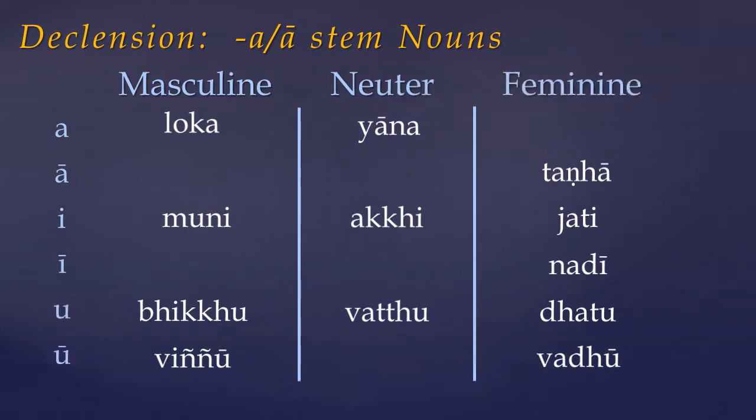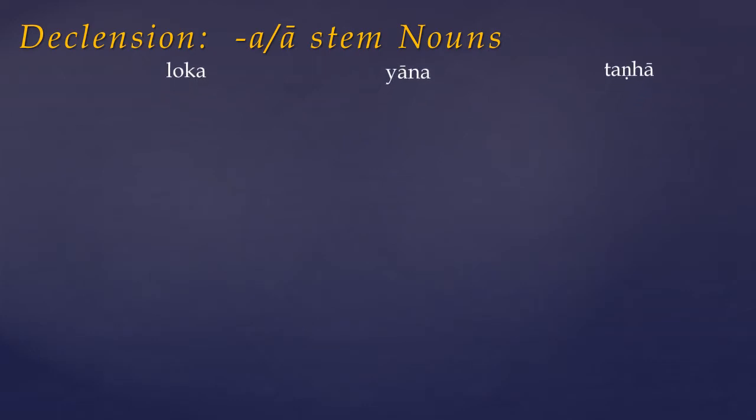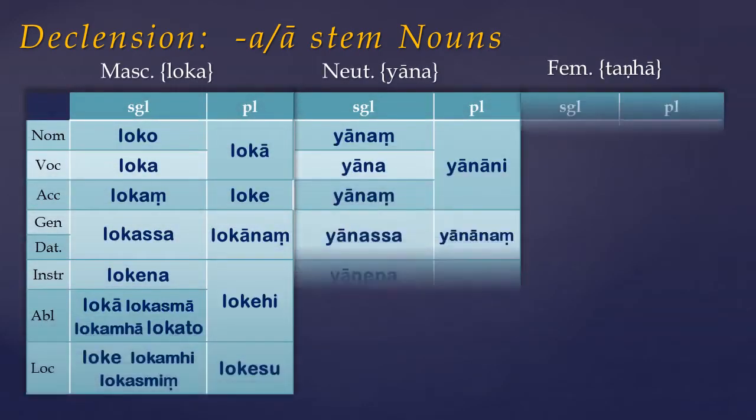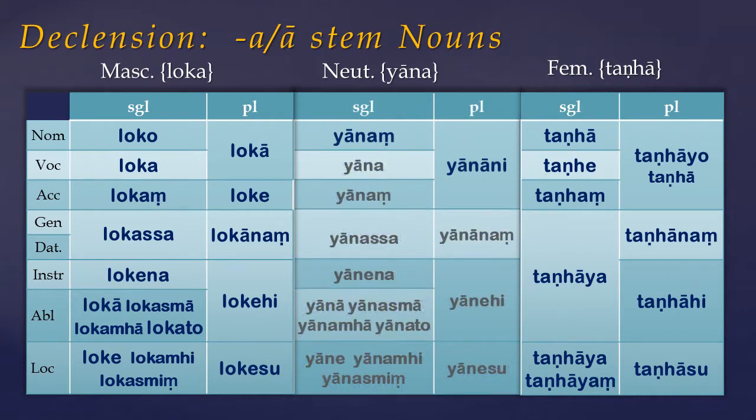And so far, Warder has concentrated on A-stem nouns, with the short A being for masculine and neuter nouns, and the feminine gender noun in long A. So, taking these nouns as examples, if we now look at how they decline, we can see that the neuter noun has the same endings as the masculine, except in the nominative and the accusative plural forms, while feminine nouns have their own thing going on.